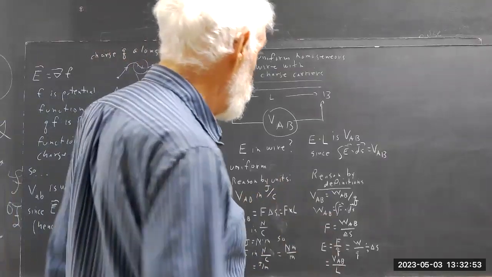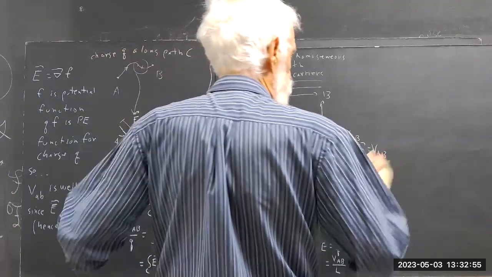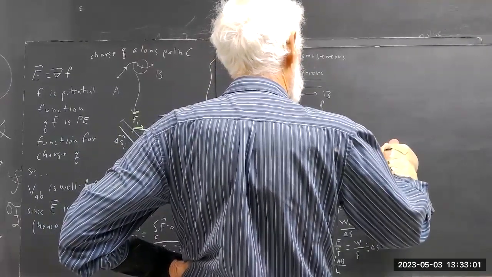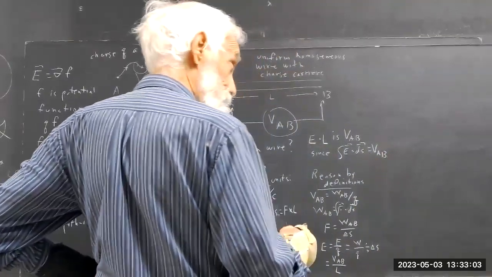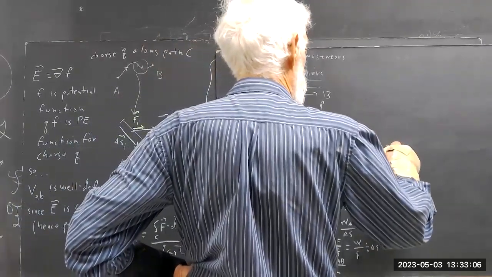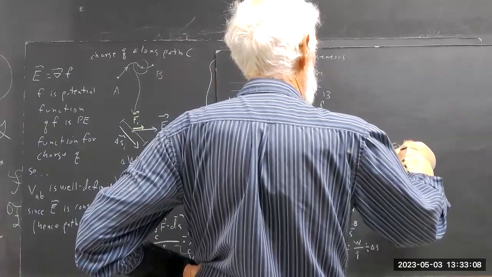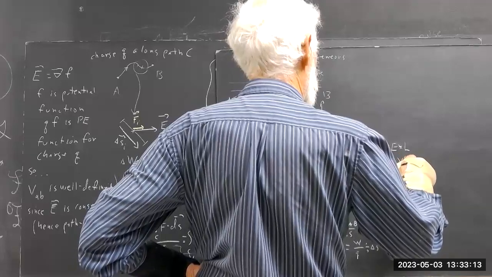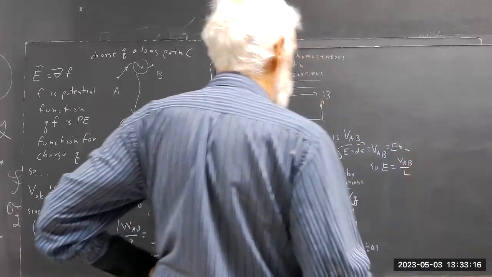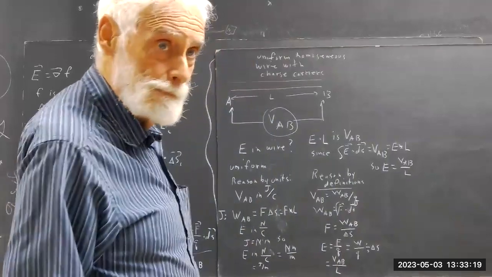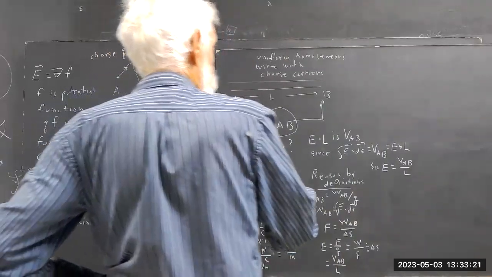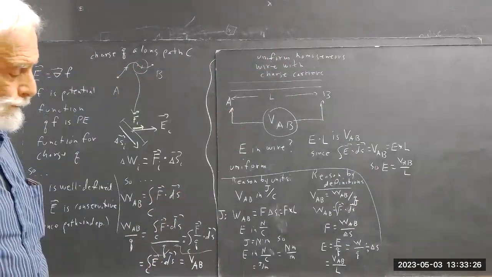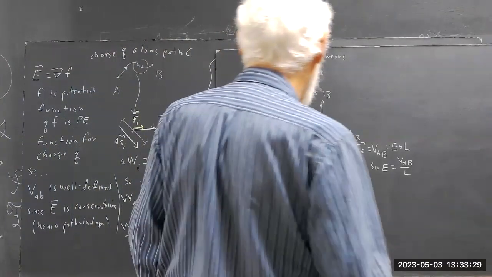Reason it out by definitions. Since this equals this, in this case E is constant, and it's E times L. Come back to this, you get this.